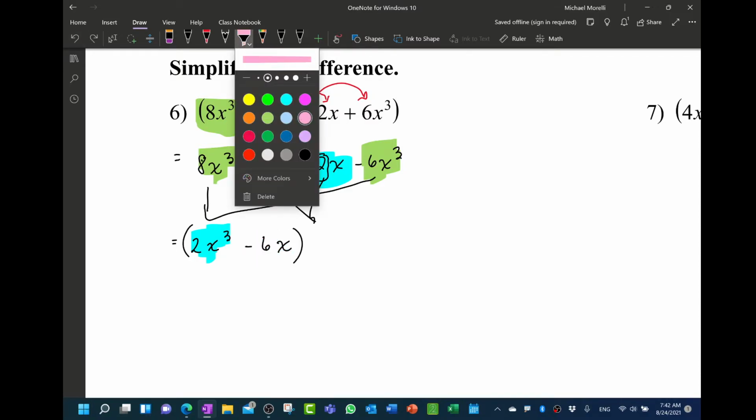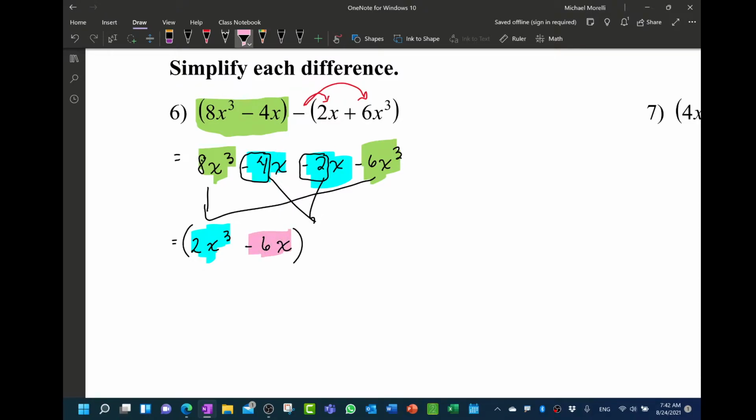Let me use a different color. So from my eyes, the GCF, the greatest common factor, is 2x.